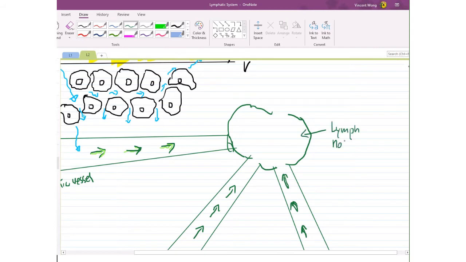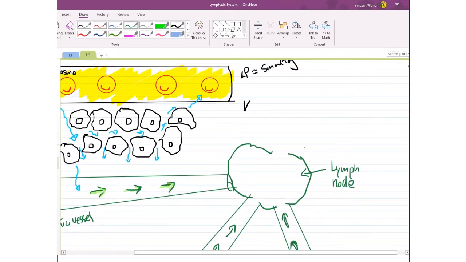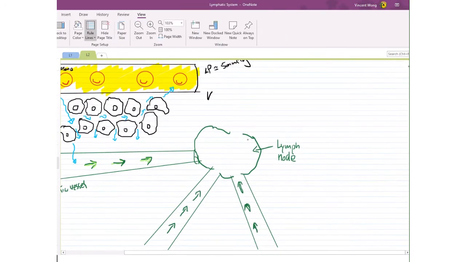Okay, so you can feel your lymph nodes around your neck area. You have some under your armpits, some in the legs, in the groin area, and the doctor can feel your lymph nodes and see if they are swollen, and they would be swollen when there is some kind of infection or something.